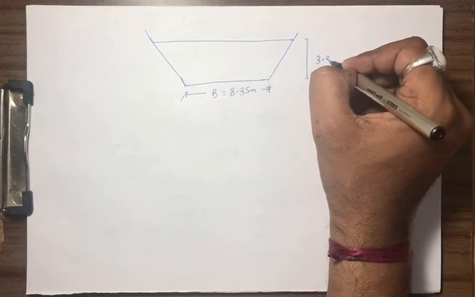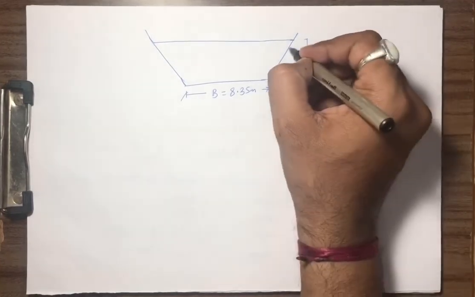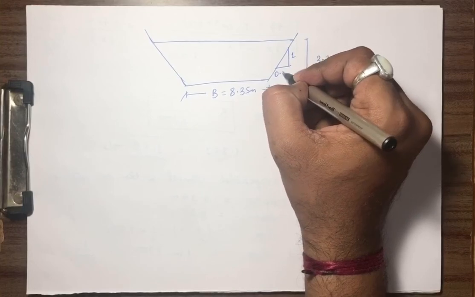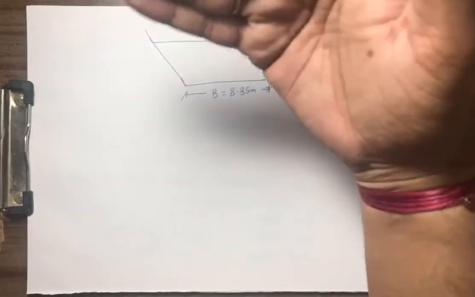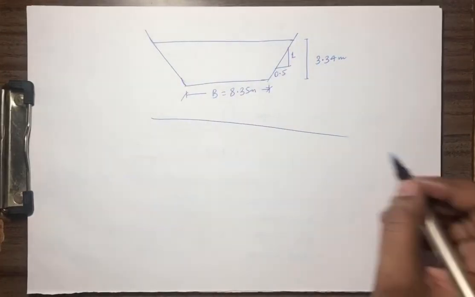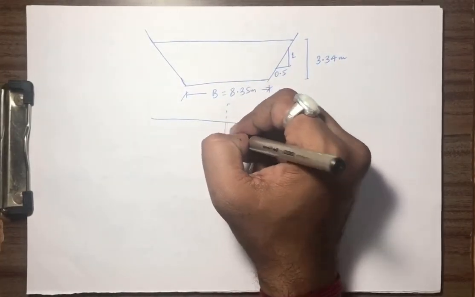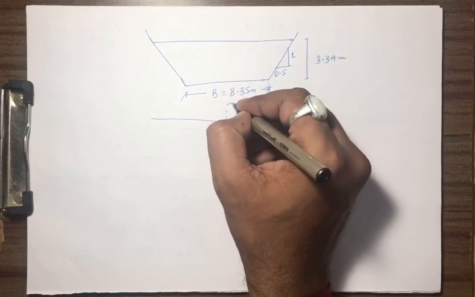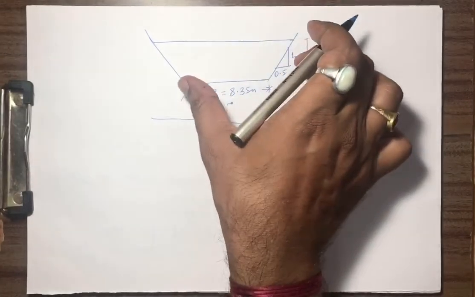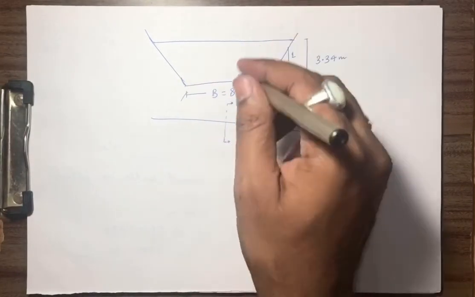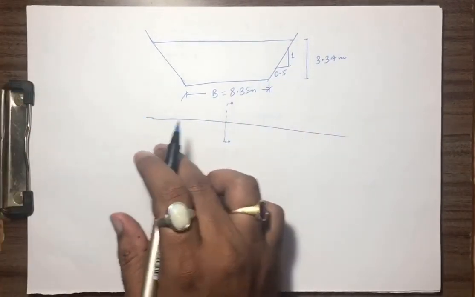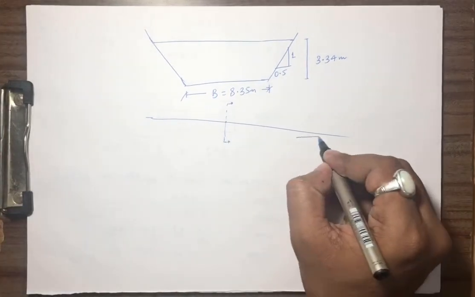This is 3.34 meters. So this slope is 1 in 0.5, but this is the cross section. This channel will be something like this. We have cut a section here and we are seeing this section. So this channel will be laid on a certain slope.